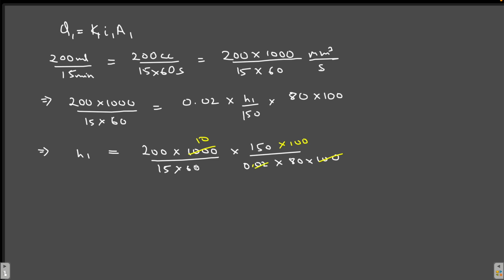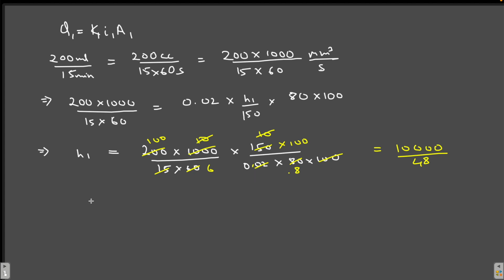So this 2 and 200 is gone now, and 15 tens is 150, and this 10 and 10 is gone. Now this is 8 and this 10 is again gone. So we are left with 10,000 by 8 6 is 48. So this is H1, head loss 1.